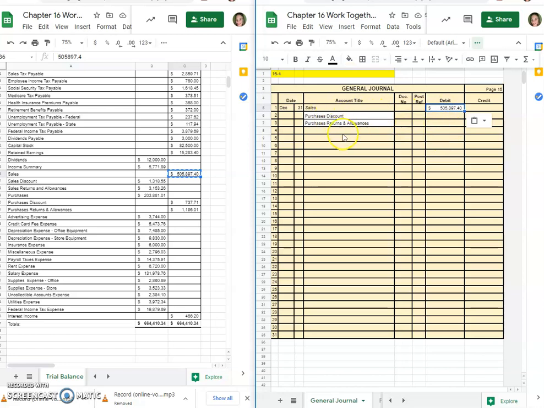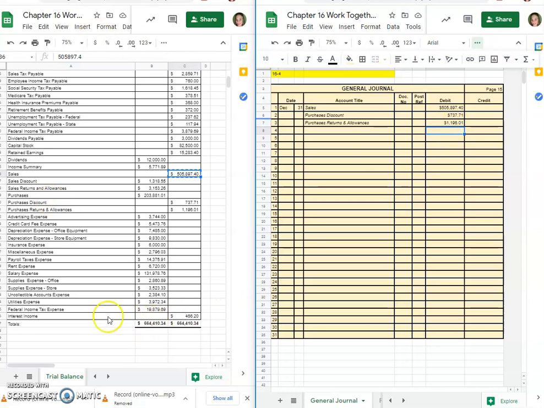I'm going to type these because my formatting's getting messy from copying and pasting. Purchases discount, it looks like, is $737.71. And purchases returns and allowances, $1196.01.